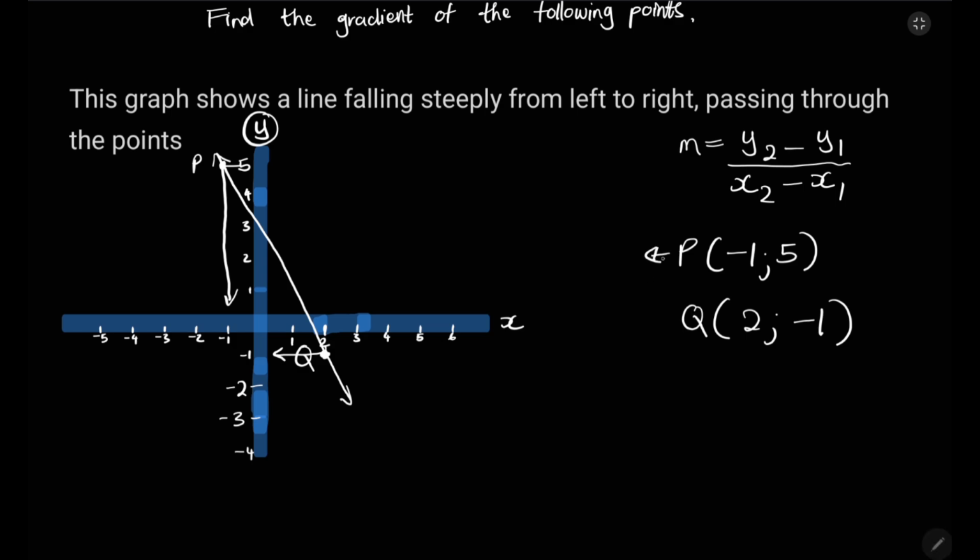This P will be our first point, and that Q will be your second point. So here we have 2, which is your x value, and negative 1, which is your y. They all fall under the second point, so this should be x2 and y2. For the first point, we have negative 1, which is your x, and your 5, which is your y. So this should be x1 and y1.